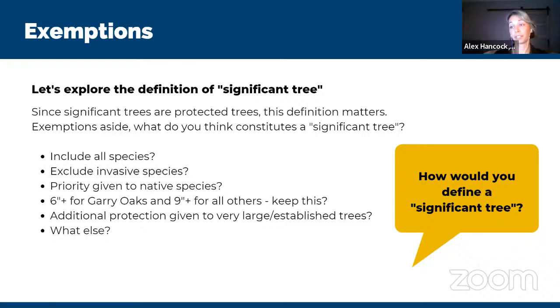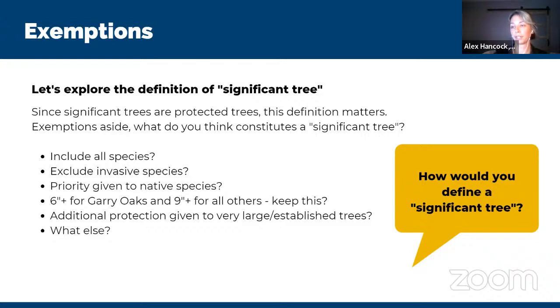Yeah, that is really helpful to the discussion. And I think that's where you'll see that some municipalities set certain additional protection standards for trees when they reach a certain size. So even though a 6-inch Garry oak right now is protected, in some codes, once they reach 30 inches they become a grand tree, or they have an additional level of protection on top of the regular protection standards.